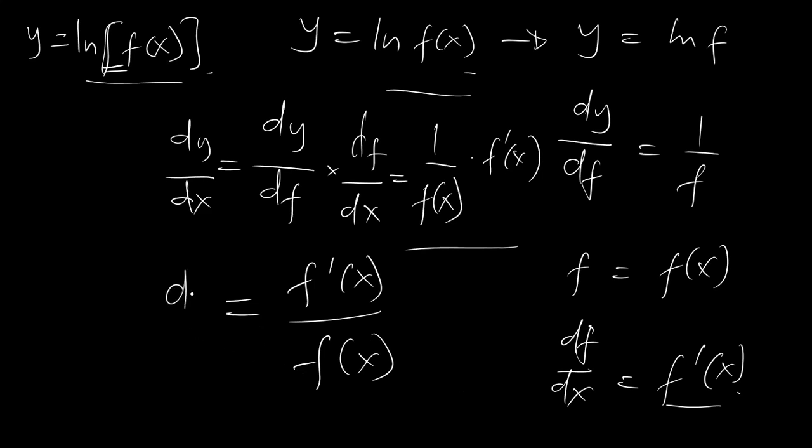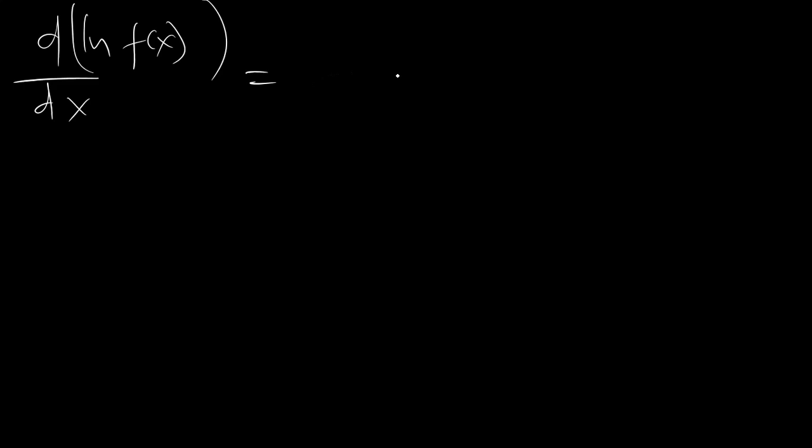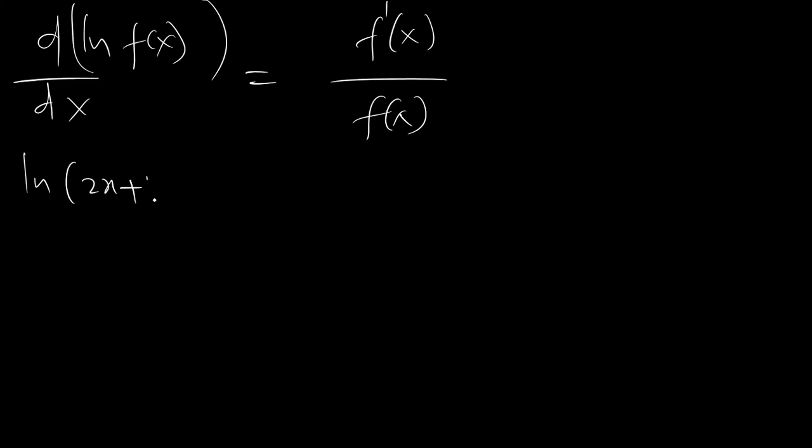So the derivative of ln f of x is the same thing as f prime divided by f of x. So now let's say they gave us ln(2x + 1).